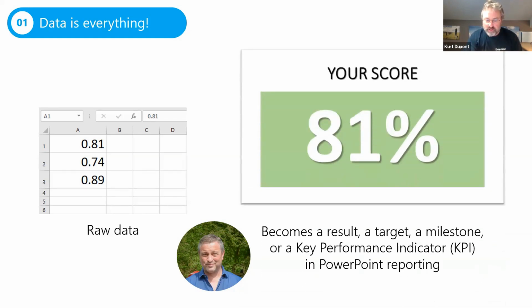That raw data can become a result, a target, a milestone, or even a key performance indicator, as they call a KPI, because of your design work in PowerPoint. So that silly number that you got from a database or from an Excel is coming to life in your presentation. That's very important. And typical about numbers is that numbers will change.